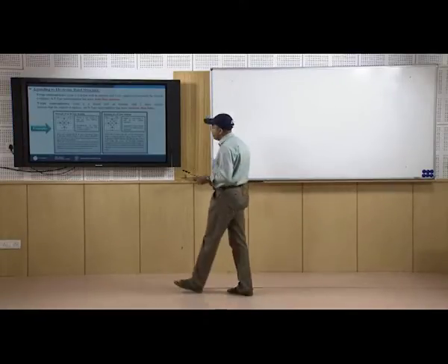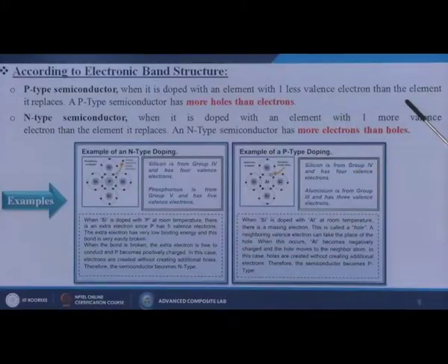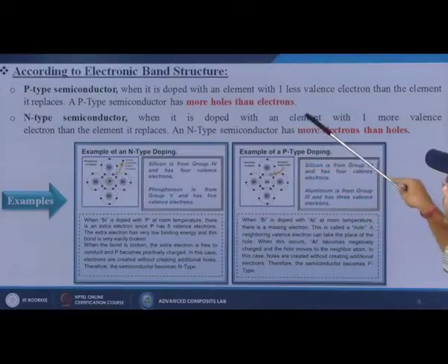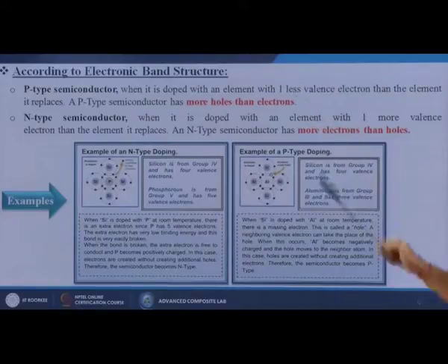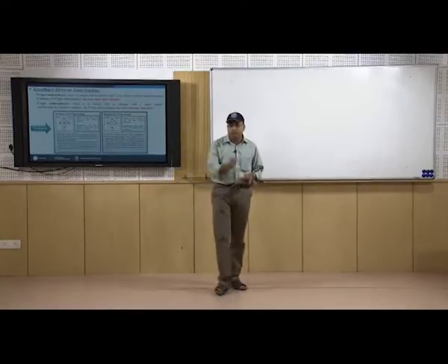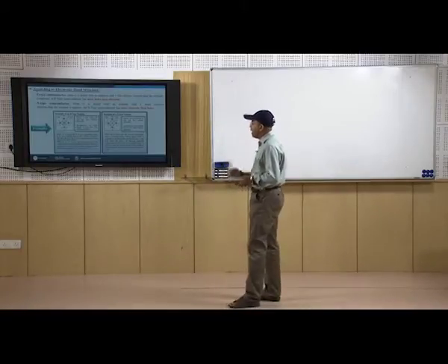A p type semiconductor, when it is doped with an element with one less valence electron than the element it replaces, has more holes than electrons. So, this is the prime factor by which we can say whether our doping is p type doping or n type doping in terms of electronic band structure.